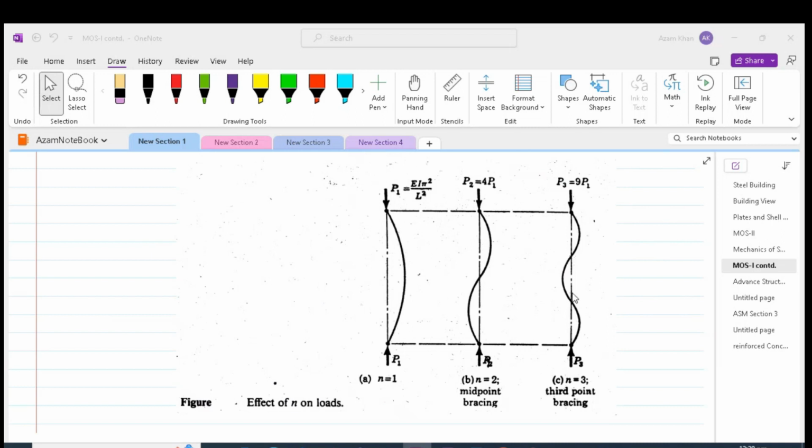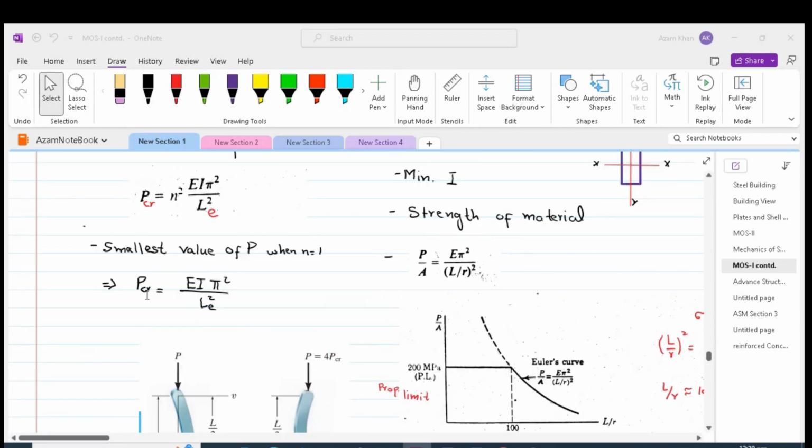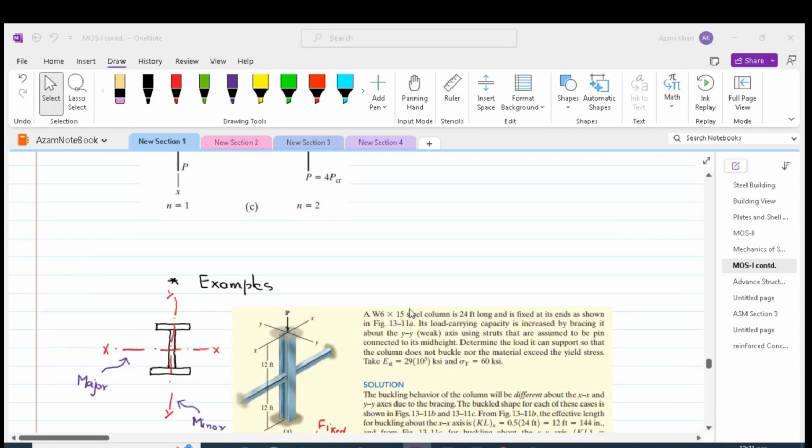If the column is restrained in two regions between the supports, then effective length will be equal to 1/3 of the column height, assuming that the unrestrained length is equal. Therefore, we can say that this formula will assume the effective length corresponding to the deflected column making half sine wave. Now let us discuss these examples in order to further clarify the concepts.